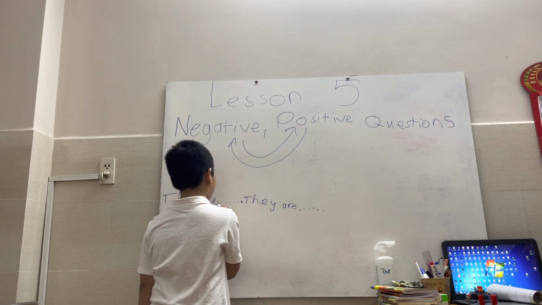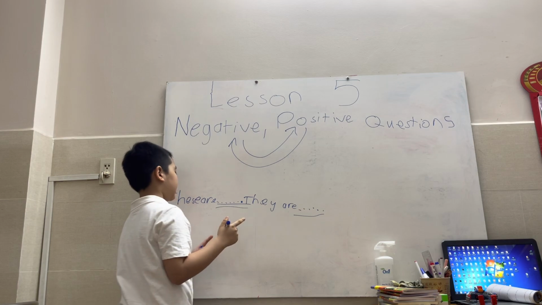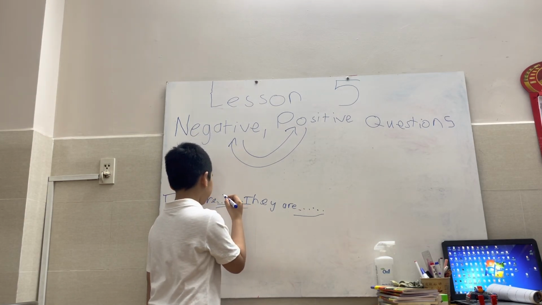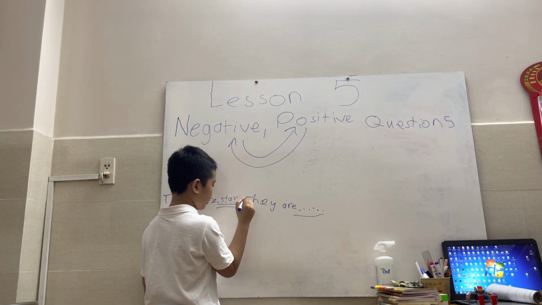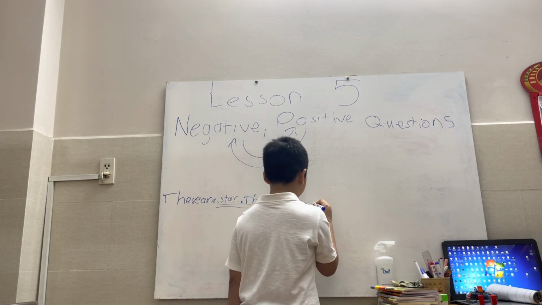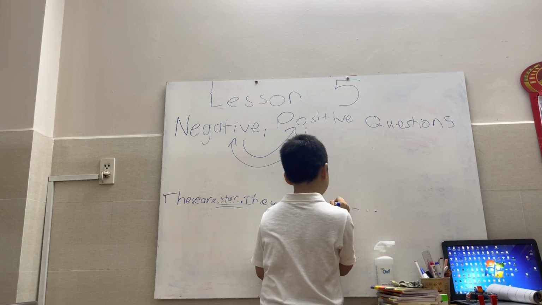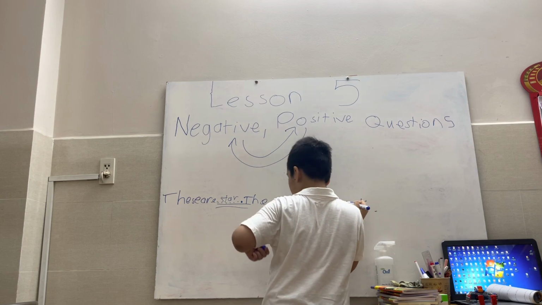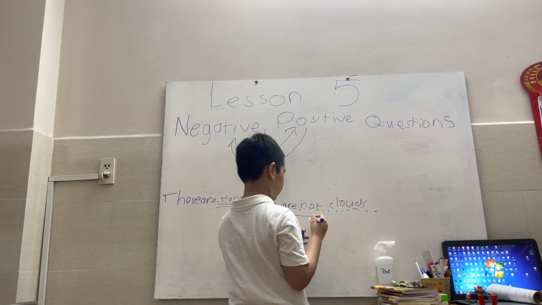You're going to fill in the blanks. Now, what are you going to fill in with each of the blanks? This blank you can fill in with they are stars, for example. They are not clouds. They are stars. They are not clouds.